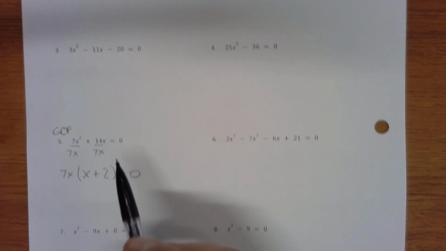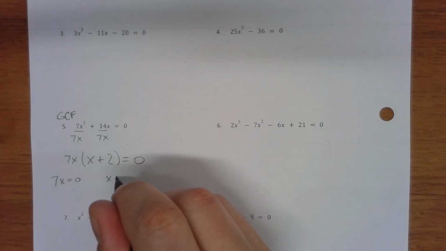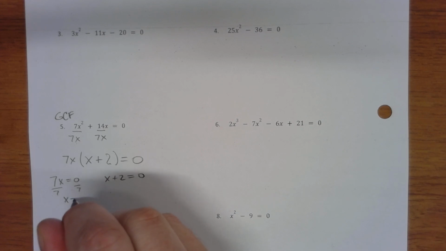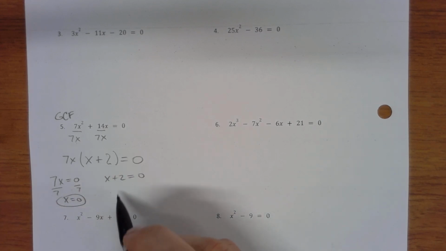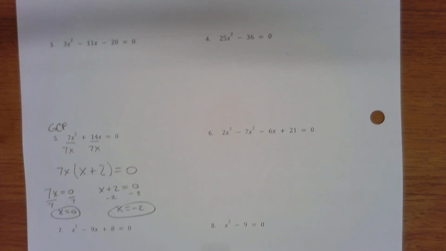Just like the previous page, we're going to set each factor equal to 0 and solve by undoing the operations that are being performed on your x. And that's how you would solve by factoring using GCF.